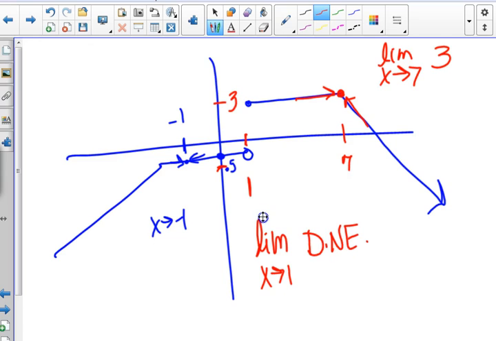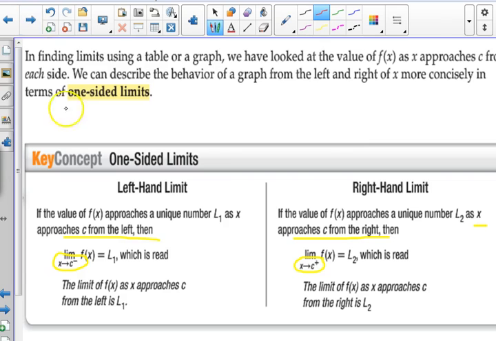What we're going to talk about is that it can have a left-hand limit of negative 0.5 and a right-hand limit of 3. That notation is written like this. This means, okay, as x approaches c from the left or as x approaches c from the right. In other words, what's it doing as you come from the left? What's it doing as you come from the right?